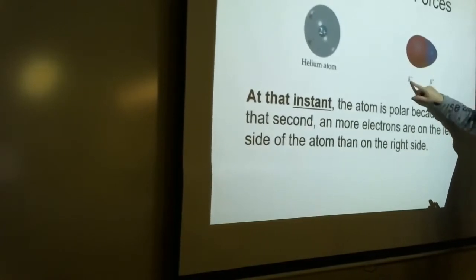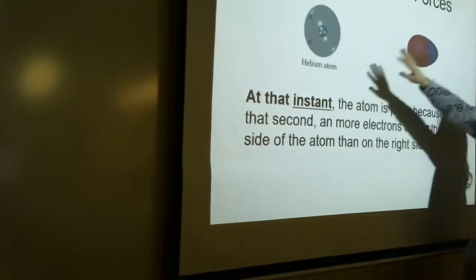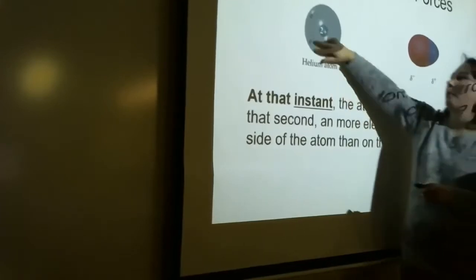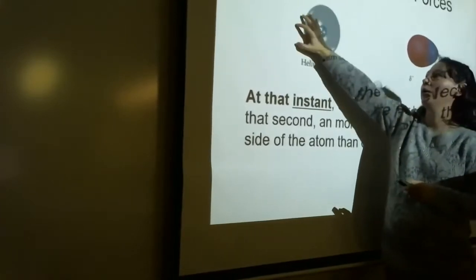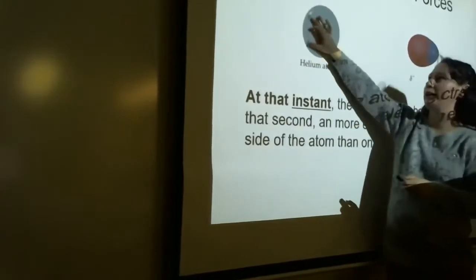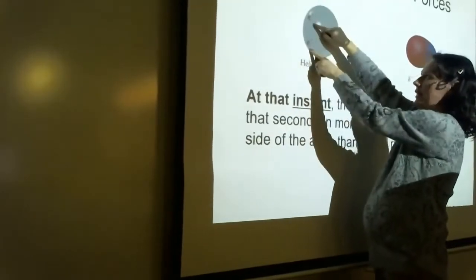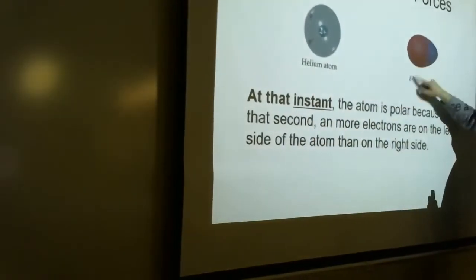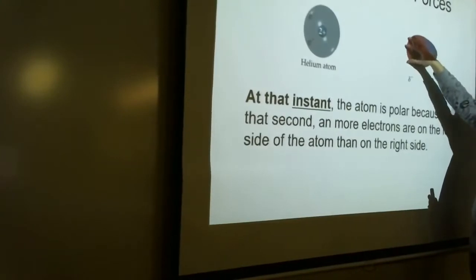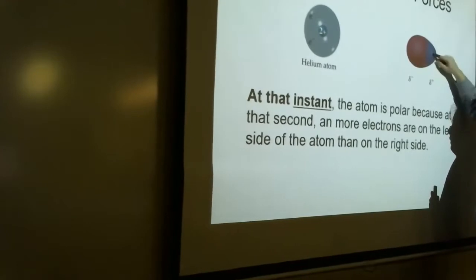So for that split second, for that one trillionth of a second, this part of the atom is negative. We use this sign, the lowercase Greek letter delta. It means partial. So for that split second, the atom is more negative on this side than on this side, because electrons are negative. If both negatives are hanging out right here for that split second, it looks like this. Negative, we color red. That's high electron density. Blue we represent as low electron density.